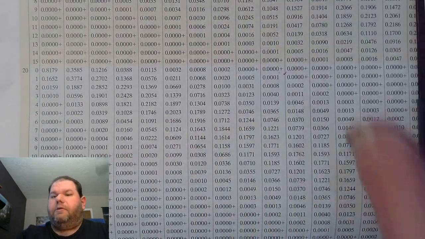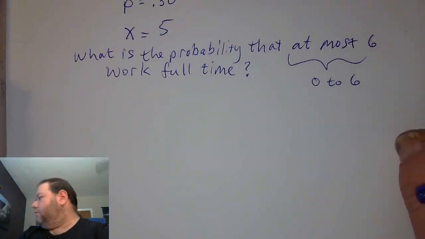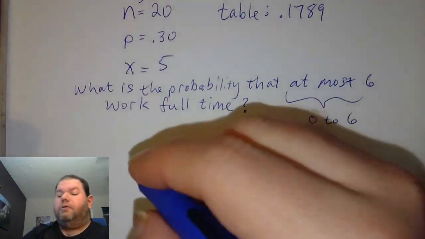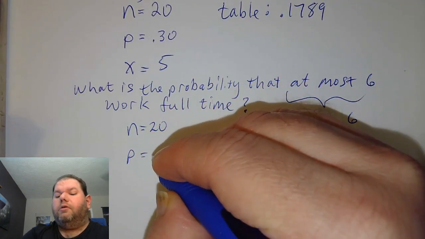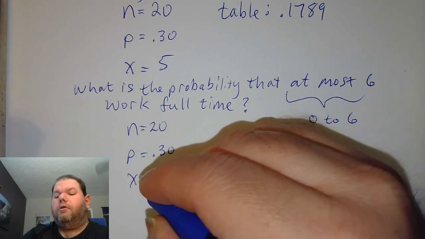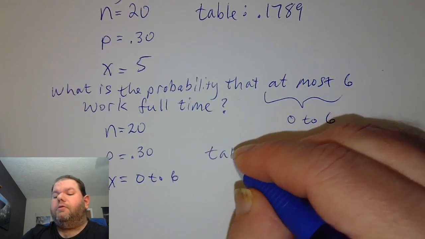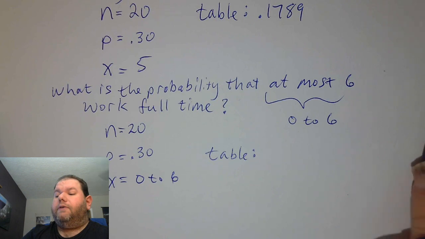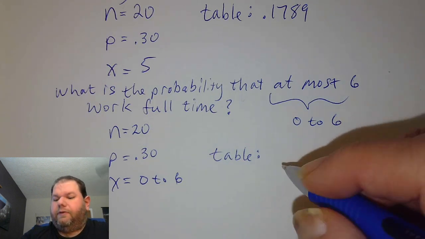Okay. And our table gave us, was it 0.6079?